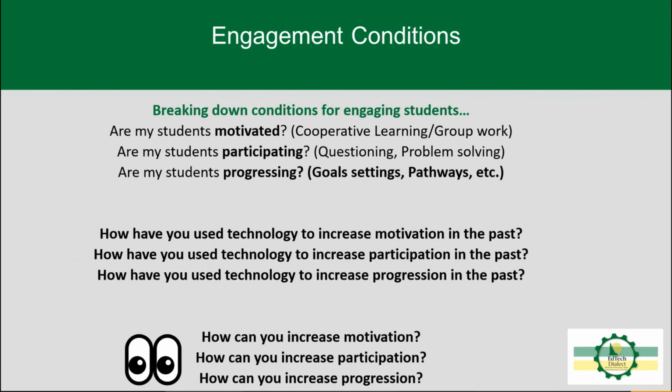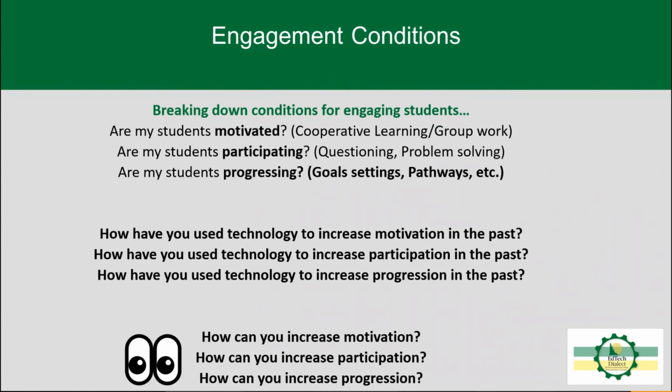Now, the order that I place them in is not the official order of these 3 conditions. There isn't really an official order of these conditions. It just made the most sense for me. Motivation might happen through participation. Motivation might happen once they see that they start progressing.